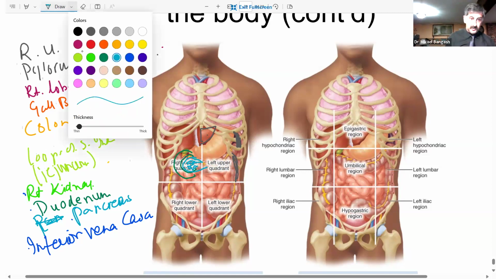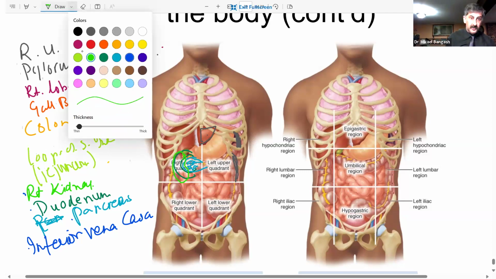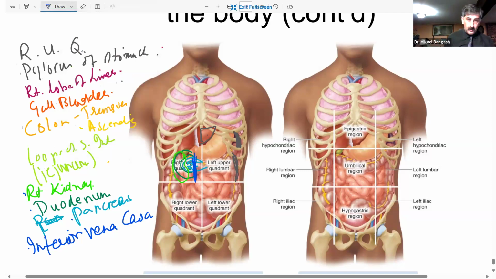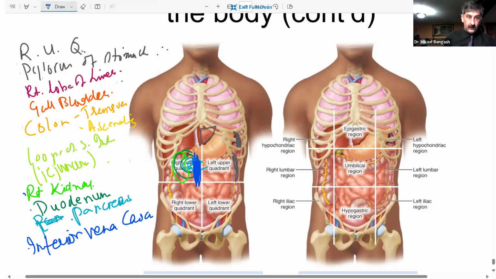And even posterior to that is going to be the kidney, right up against your posterior abdominal wall. And this area here is going to be the inferior vena cava. But there's no question about it that all these structures fall within the right upper quadrant.